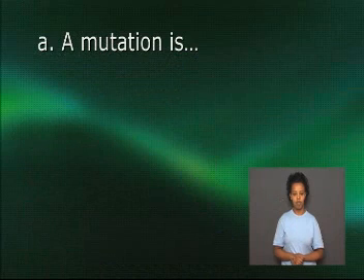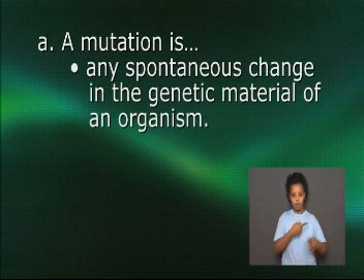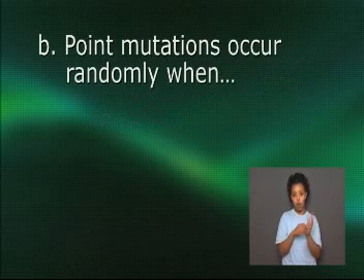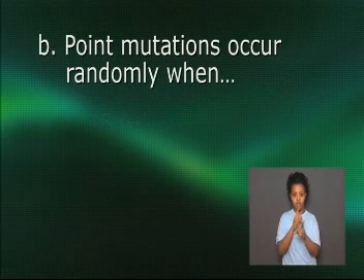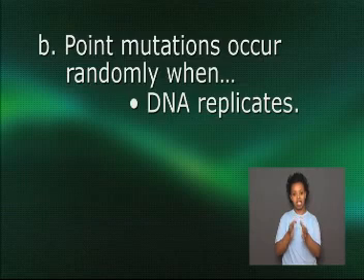Hello again, students. I hope you did not find this activity too difficult. A mutation is any spontaneous change in the genetic material of an organism. Point mutations occur randomly when DNA replicates.